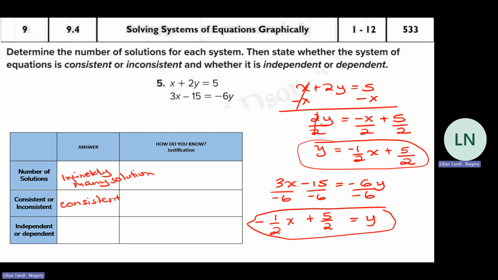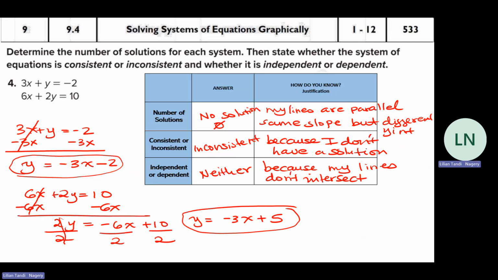Infinitely many solutions will always be dependent, because your lines are coinciding, because it is only one line. Actually it's going down because your slope is negative. Consistent because you have solutions. Infinitely many because your equations are the same.